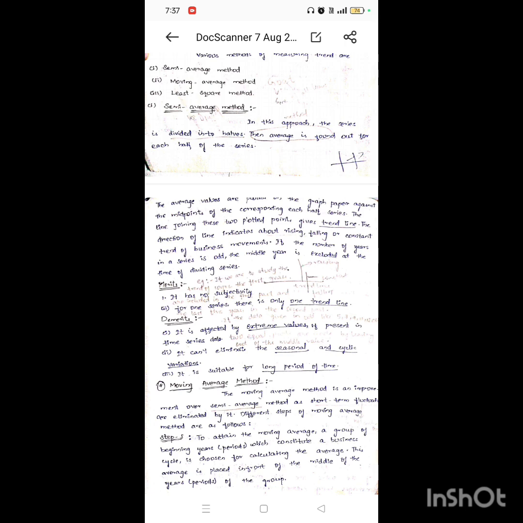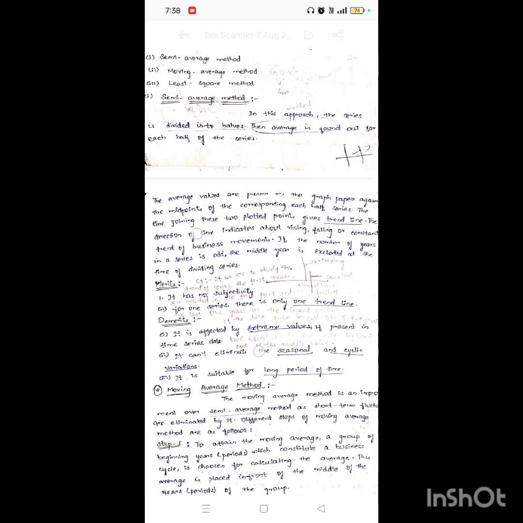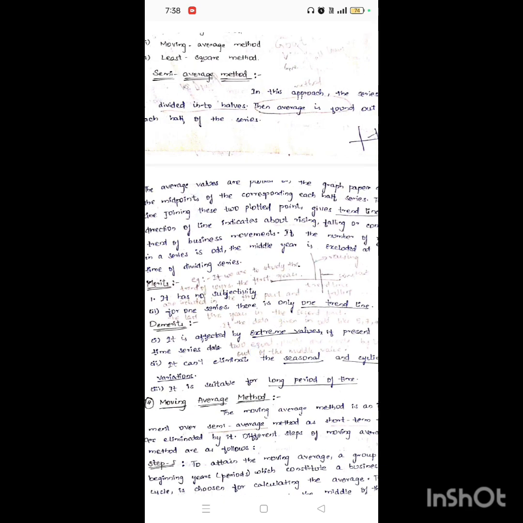So the years are considered on the x-axis and the given number of sales on the y-axis. An appropriate scale should be taken, and before moving on you have to count how many observations there are. If there is an odd number of observations, you can omit or exclude the middle one to make it even. This is one of the drawbacks, which we are going to discuss in the demerits.